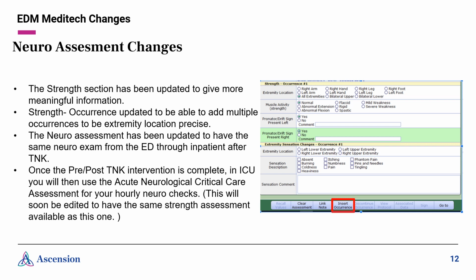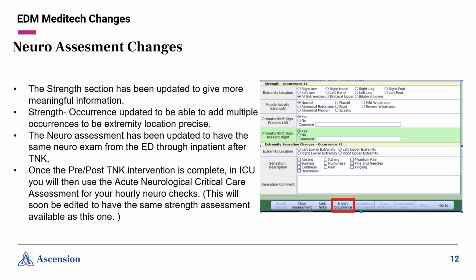Neuro assessment changes. There have been some changes made to the neuro assessments. The strength section has been updated to give more meaningful information. Strength occurrence has also been updated to add multiple occurrences to be extremity location precise.